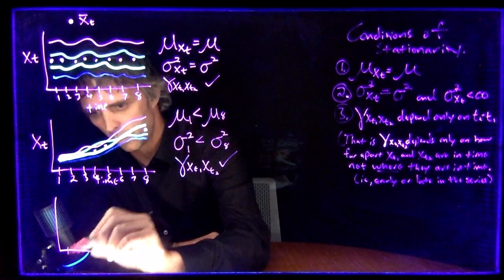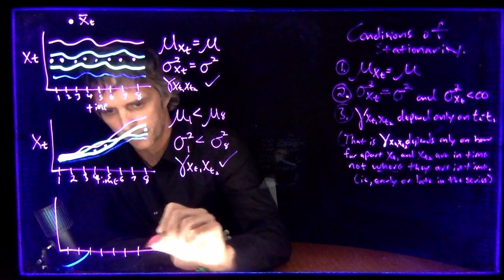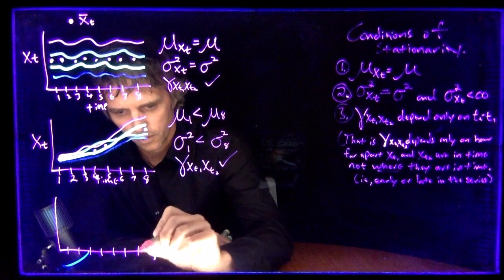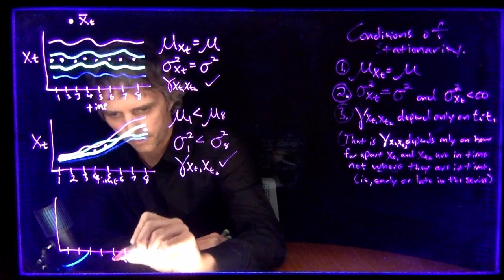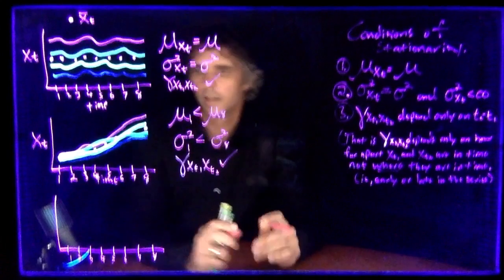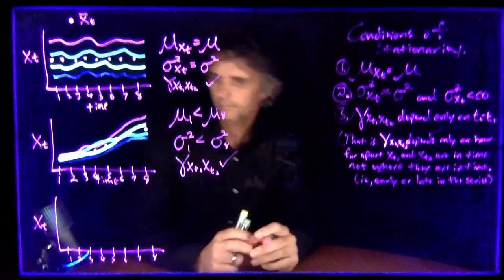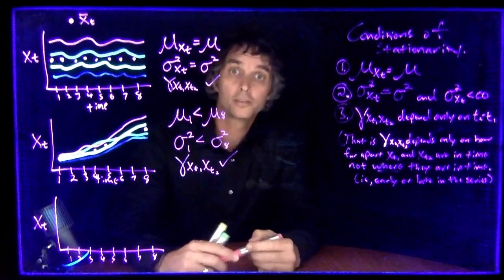Let's say I've got 1, 2, 3, 4, 5, 6, 7, 8. Again, that's time. We won't label that. Excuse me. And we're ready to go. Okay, so say we've got some more realizations here.